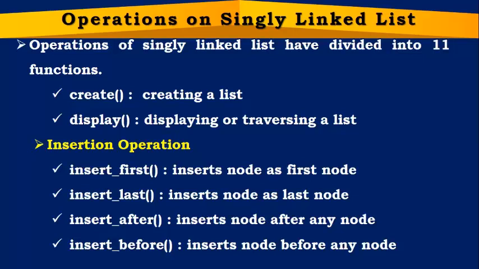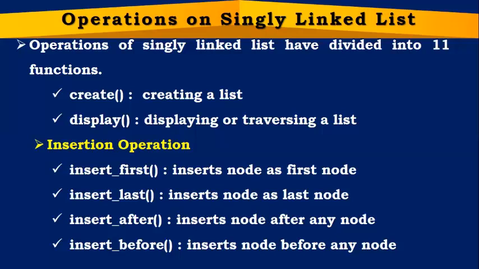Coming to the next operation, traversing a single linked list can be performed by using the display function. If I call the display function, it gives us the complete list of nodes present in the single linked list, which was created by the user.